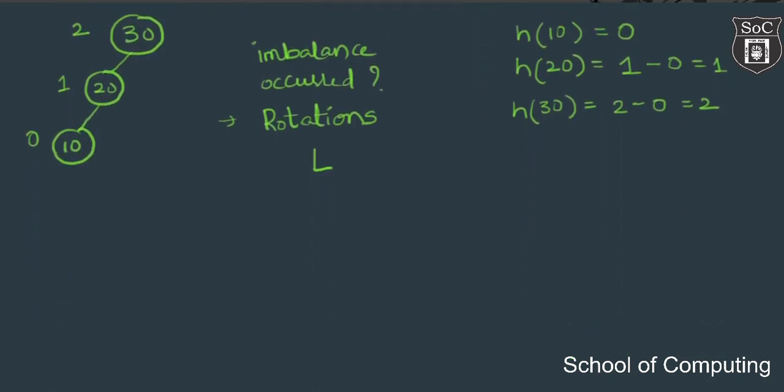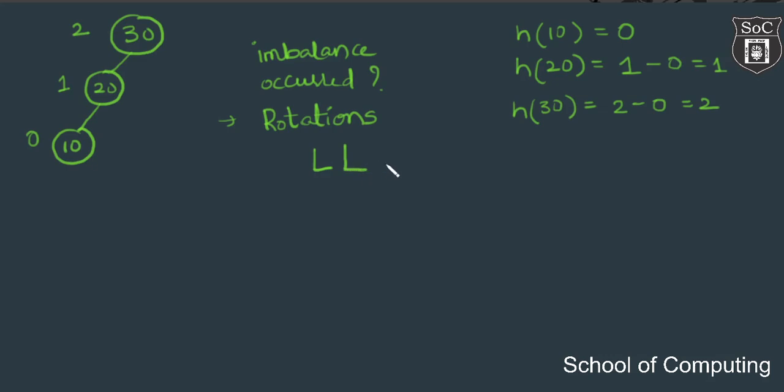So the problem occurred now because of what? The problem has occurred now because of adding a new node called 10. Where did the new node get added? As a left child or a right child? 10 is a newly added left child. So one more L we will write.